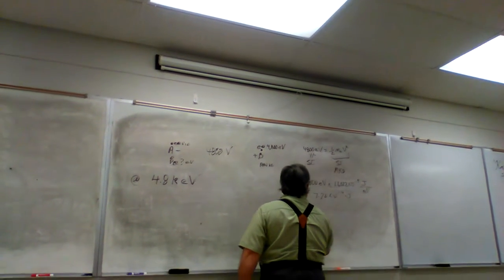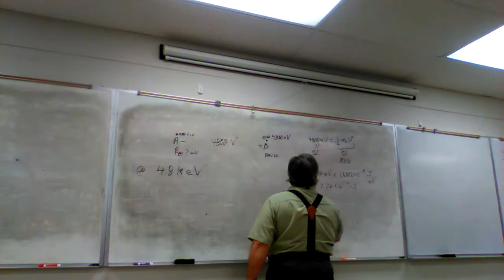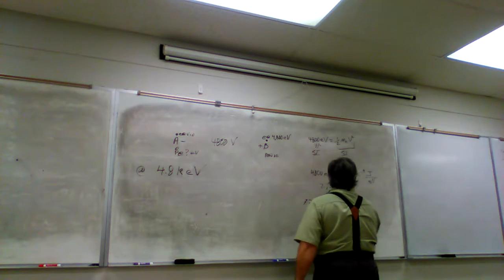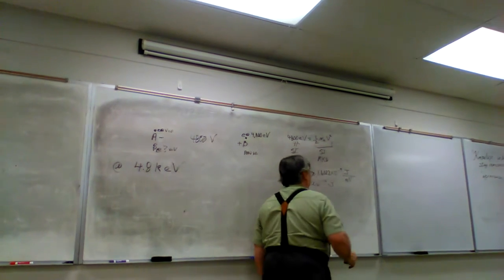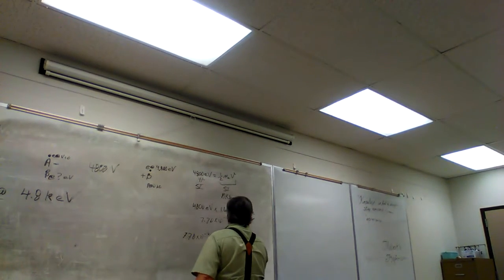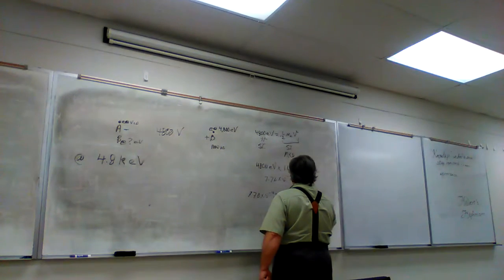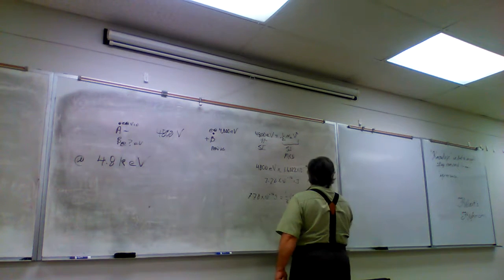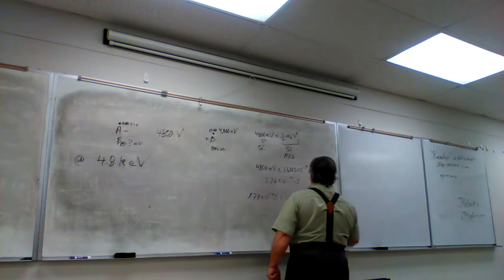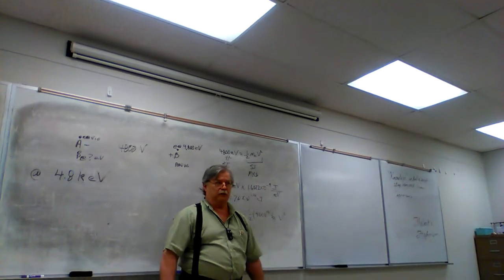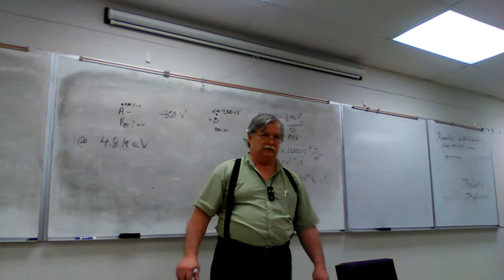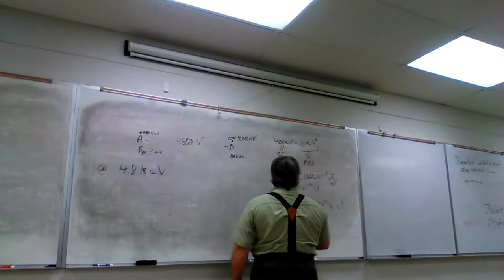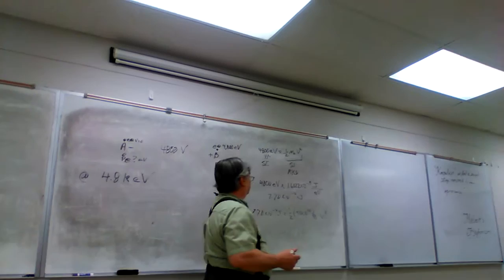Now we can say 7.70 times 10 to the minus 16 joules is equal to 1/2 the mass of an electron, which is 9.11 times 10 to the minus 31 kilograms, times velocity squared. Somebody look and make sure that I remembered the mass of the electron correctly. Okay. 2 times 7.70 times 10 to the minus 16 is?